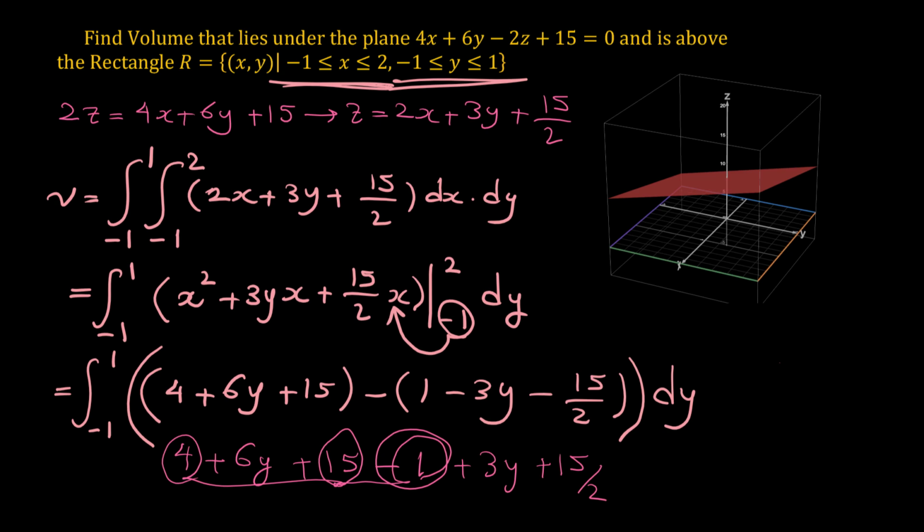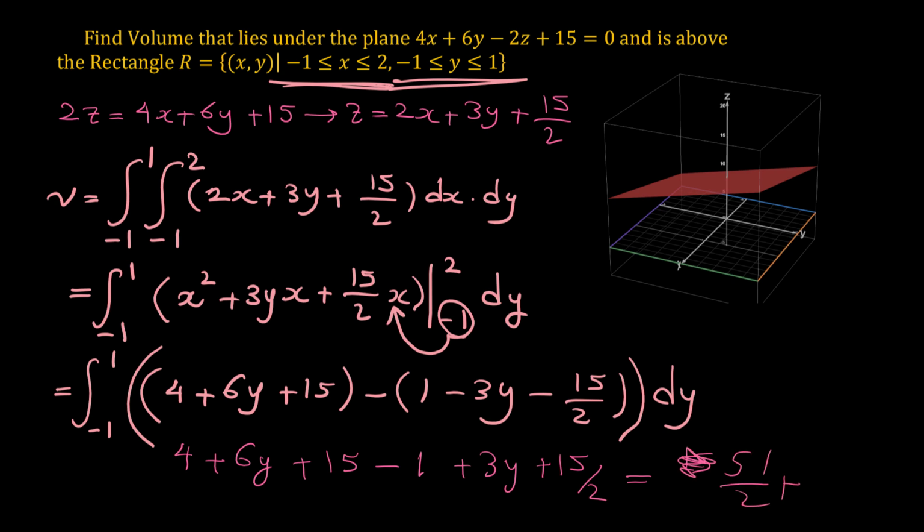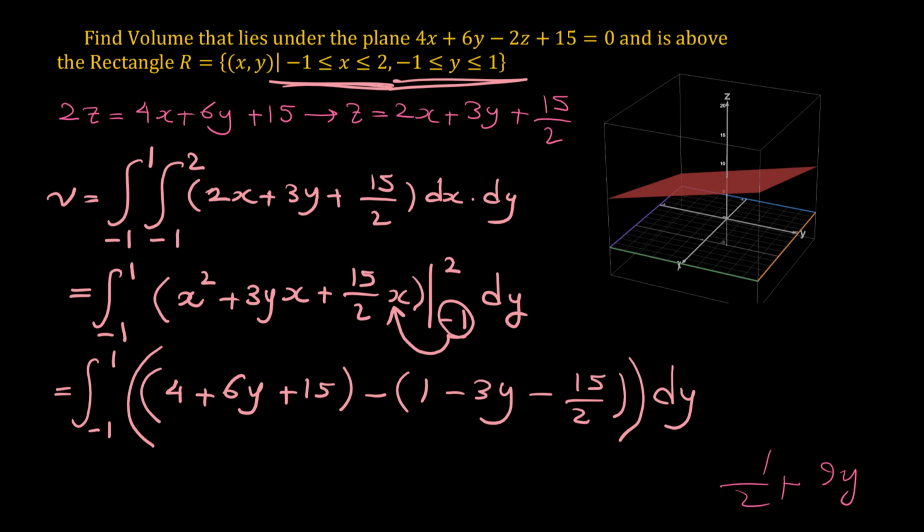So this equals 51 over 2 plus 6y plus 3y is 9y. So 51 over 2 plus 9y is this expression in the bracket. So we have now integral from -1 to 1 of 51 over 2 plus 9y dy.